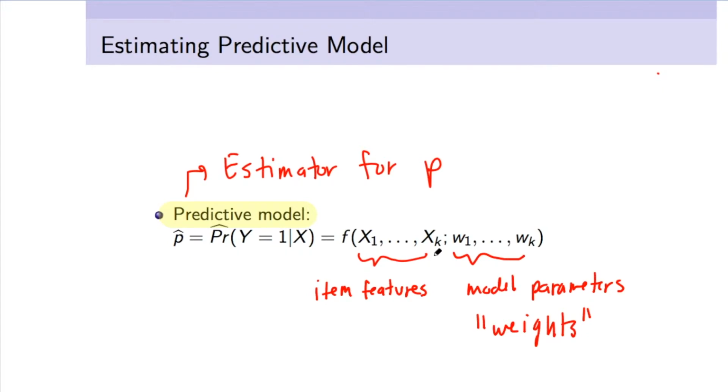I know this might be a bit general, so let's consider a very quick example in the context of spam detection. Suppose we want to write down a predictive model for detecting whether an email is spam or ham.